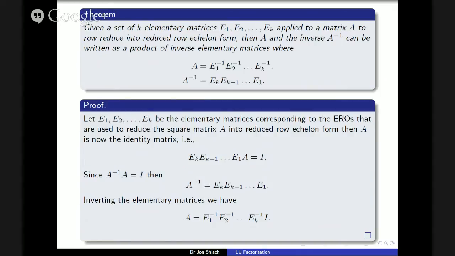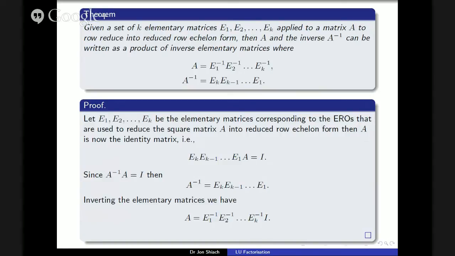So if we have a matrix A and we apply, let's say, k row operations, so we have k elementary matrices, if we multiply them all together, we get the inverse of A. E1 is an elementary matrix corresponding to the first row operation I applied to A. E2 would be the second row operation which I applied to A, and so on.